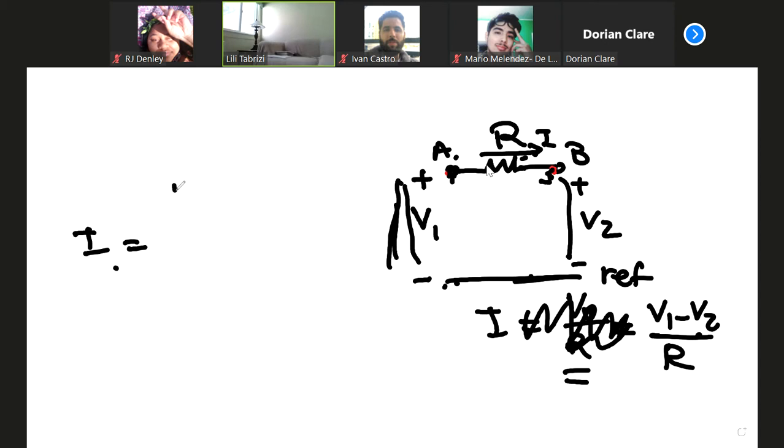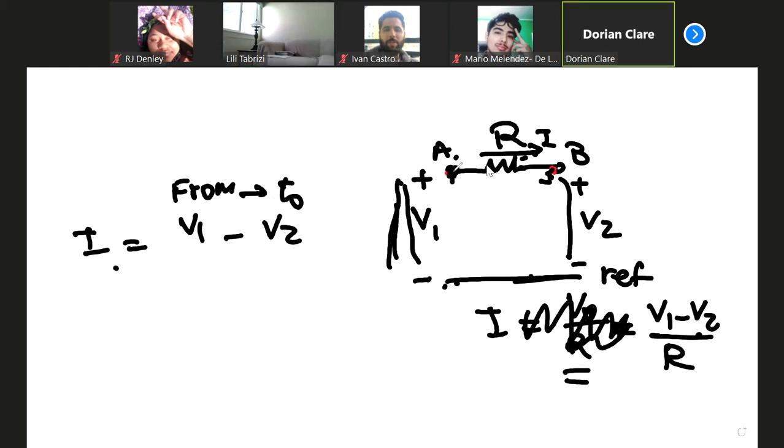From A to B, the voltage at A with respect to reference minus the voltage at B with respect to reference, divided by R. This observation bypasses KVL, Ohm's law, everything. It's based on KVL and Ohm's law, but you bypass everything. One shot.